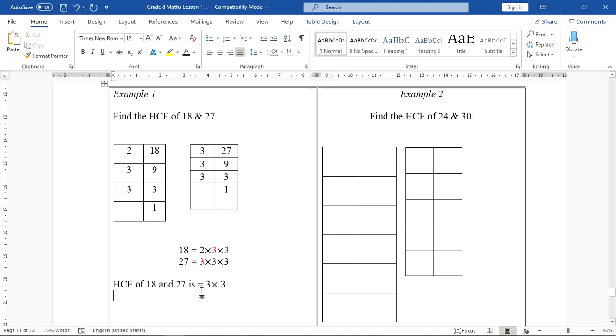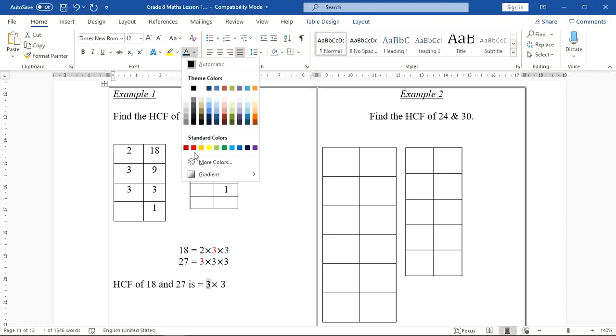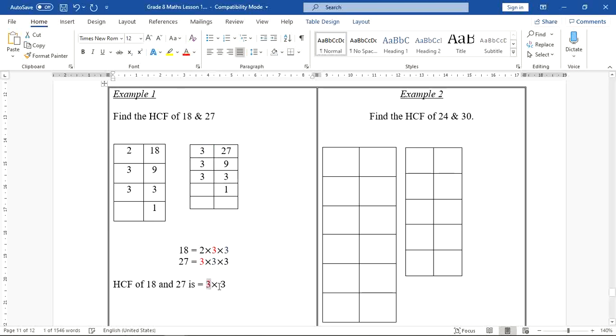Unlike when we are doing the lowest common multiple, where any leftovers we bring down, with the highest common factor, if there are leftovers, you do not bring them down, you just let them be. So these two 3s will form one 3, and these two blue ones will also form another one. So the highest common factor of 18 and 27 is none other than 9.